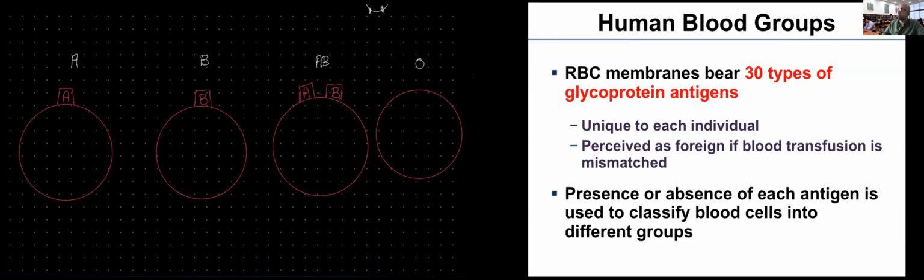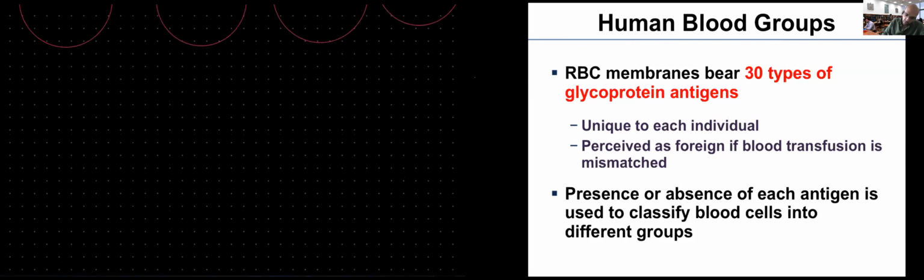So when would a mismatched blood transfusion take place? Whenever, again, a non-self antigen is presented to your immune system. Means what?